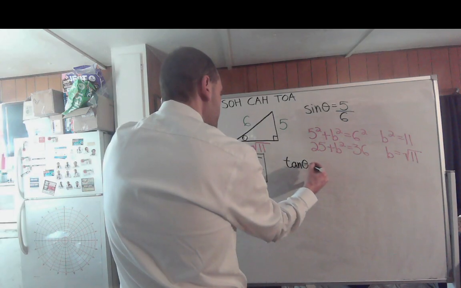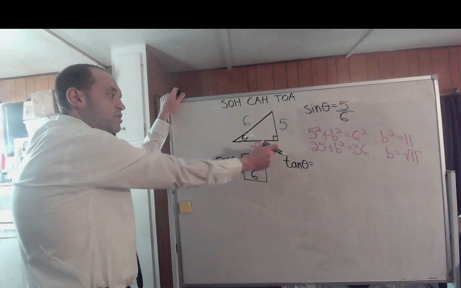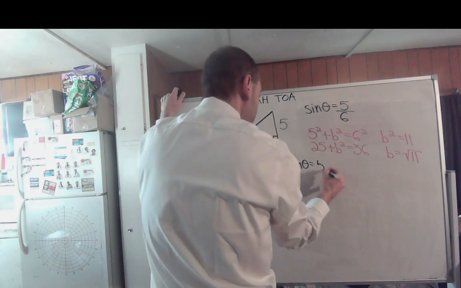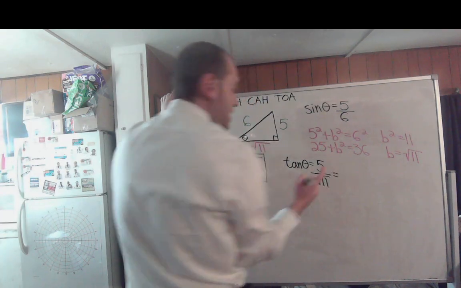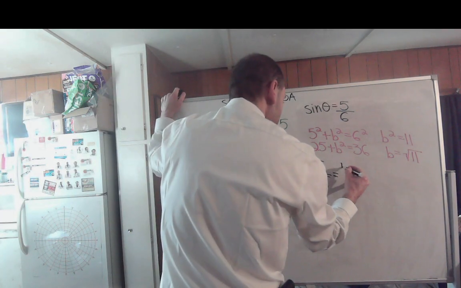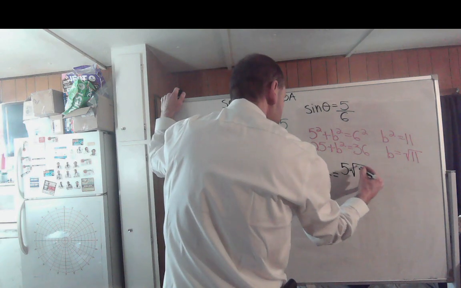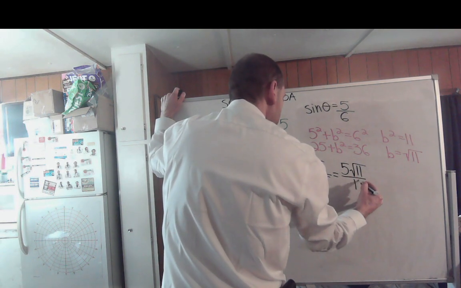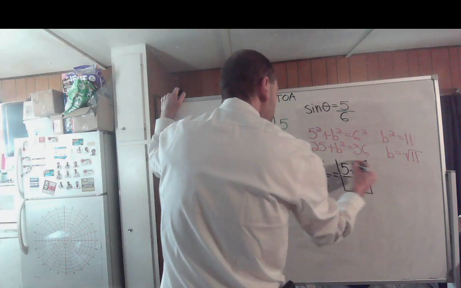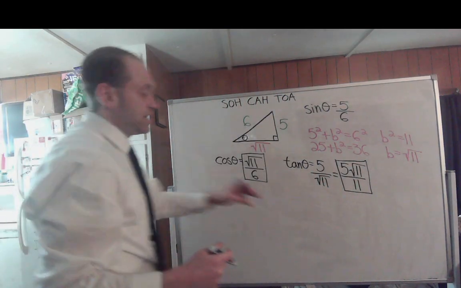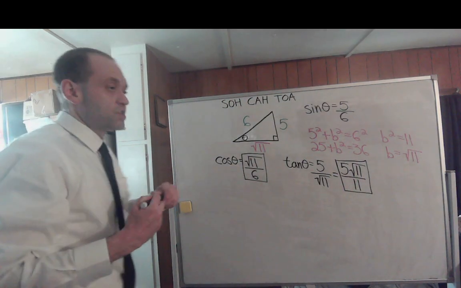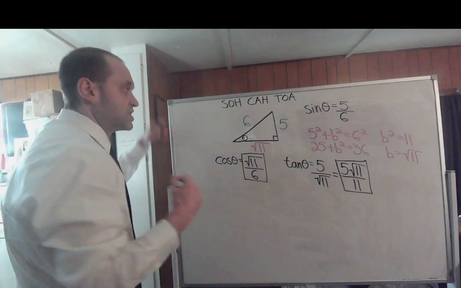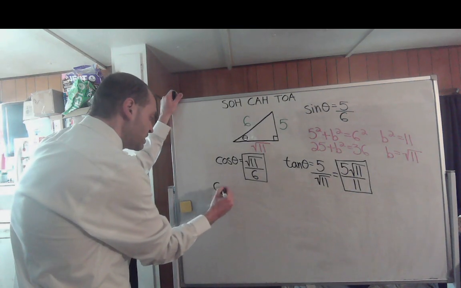The tangent of theta, that's your opposite leg over your adjacent leg, so that'd be 5 over the square root of 11, which when you rationalize the denominator is actually going to turn into 5 times the square root of 11 over 11. So the tangent of theta would be 5 times the square root of 11 divided by 11.